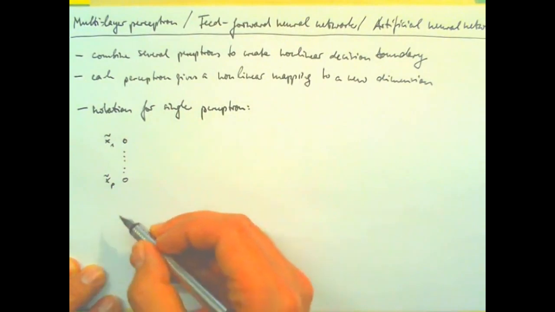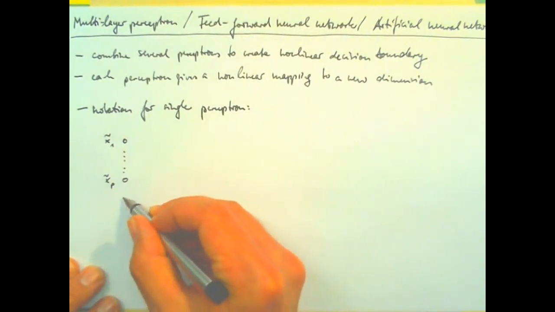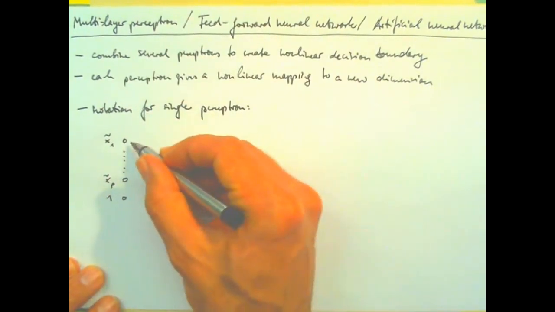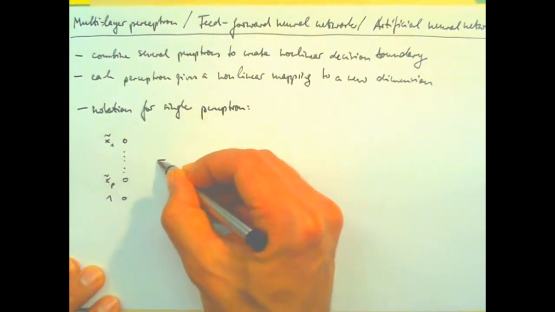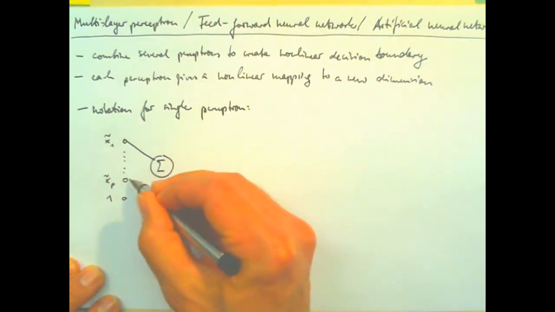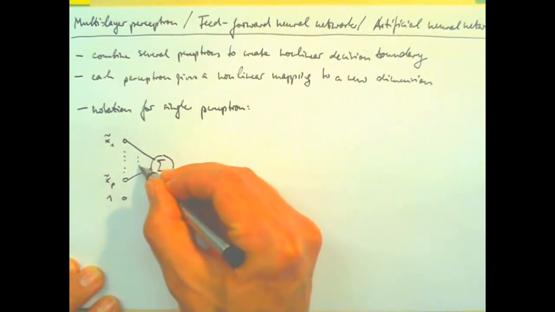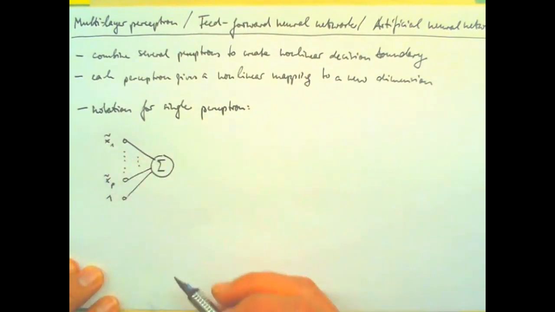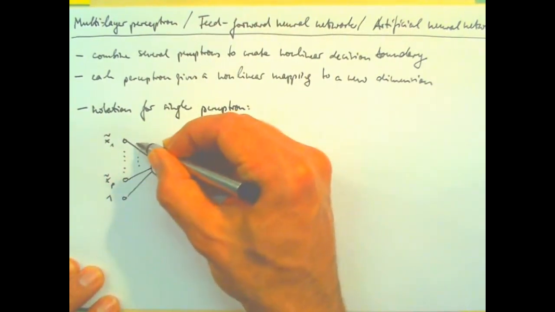And now if I use this homogeneous representation, I will have an extra input which is always 1. And this summation here really symbolizes the inner product between my inputs and my parameters.